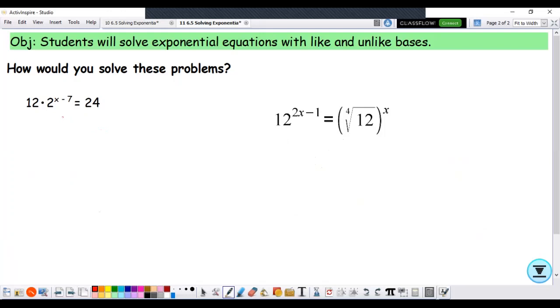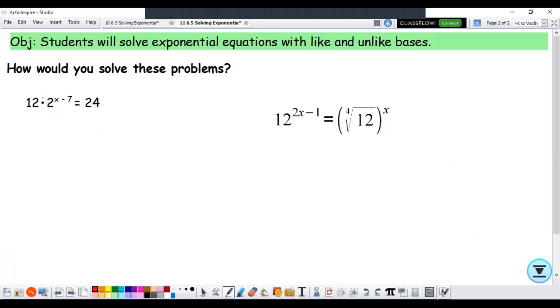Here, in this first example, I have 12 times an exponential expression. Now, if I want to solve for an exponent, I need to have that exponential expression isolated. So I need to ask myself, how do I undo 12 times 2 to the x minus 7?